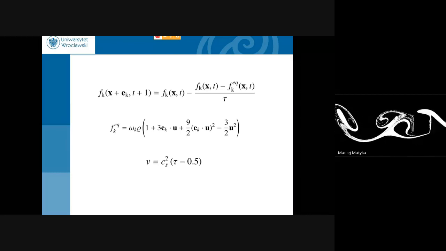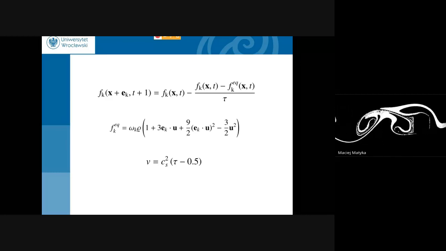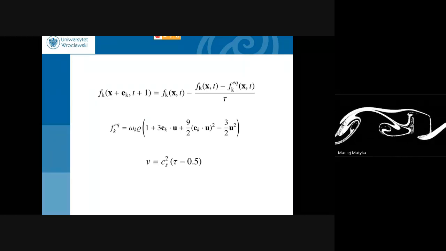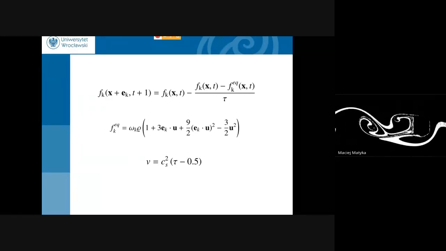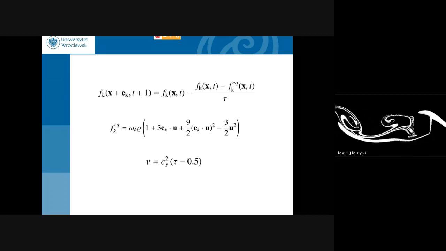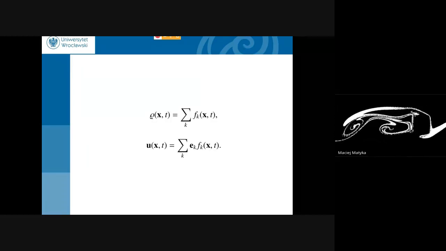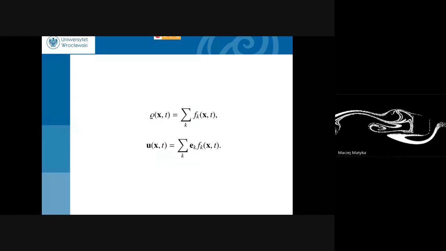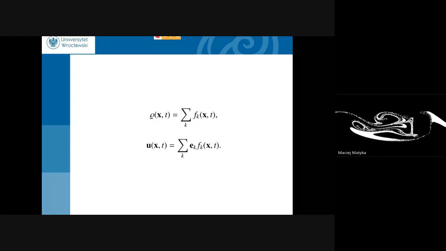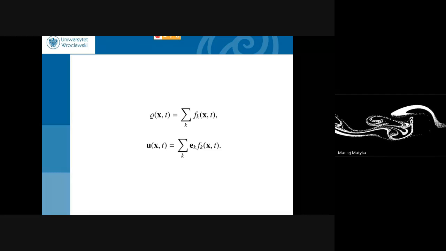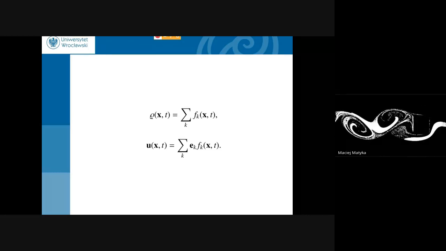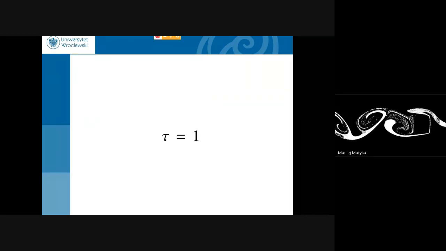Physically this doesn't matter, of course, but it changes the properties of the flow, and also changes some numerical properties of the solver itself. But our interest is, of course, to calculate the density and the velocity directly from the distribution function. If you take moments of the distribution function, you will get the density and velocity. This we already know. So let's put the relaxation time equal to 1.